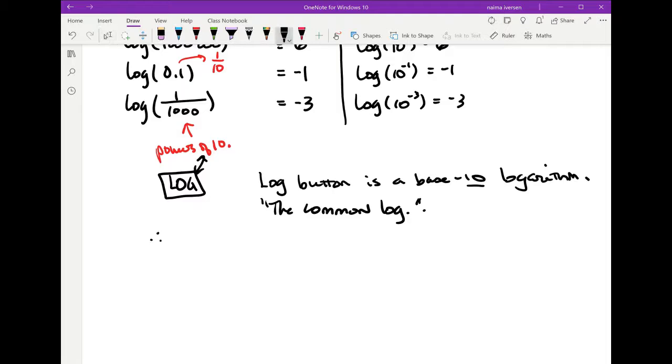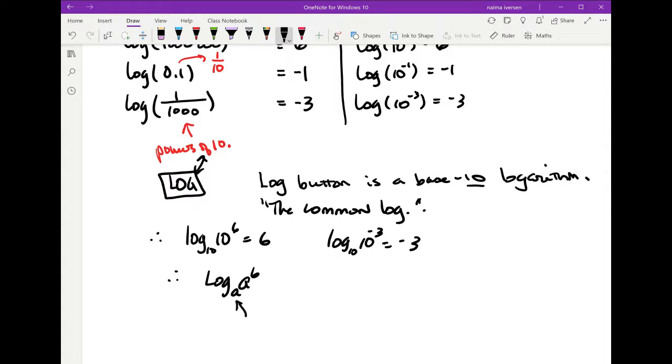But what we've just learned is that if I had log base 10 of 10 to the 6, out pops the 6. If I had log base 10 of 10 to the negative 3, out pops the negative 3. So therefore, we can change this up so it doesn't have to be base 10. What if I had log base a of a to the 6?